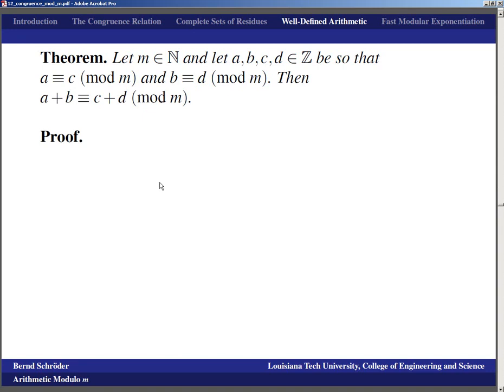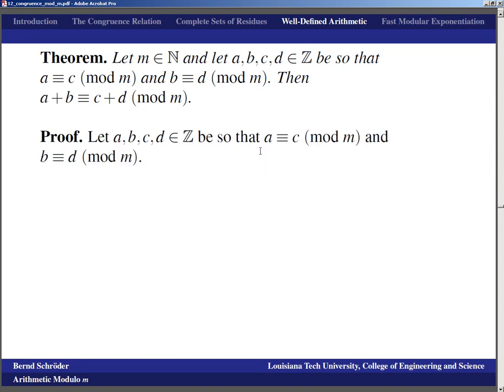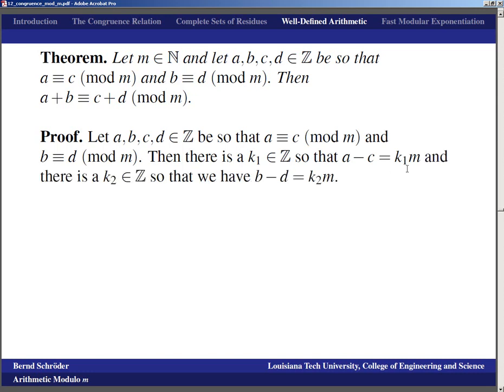exactly. And the proof, well, you take a, b, c, and d, so that a is equivalent to c and b is equivalent to d. First thing you do is you write down what that means. So there's a k1, so that a minus c is k1 m, and there's a k2, so that b minus d is k2 m. And then you look at a plus b minus c plus d, because that's what you want to prove the equivalence for. Well, then you realize that that's a minus c plus b minus d.